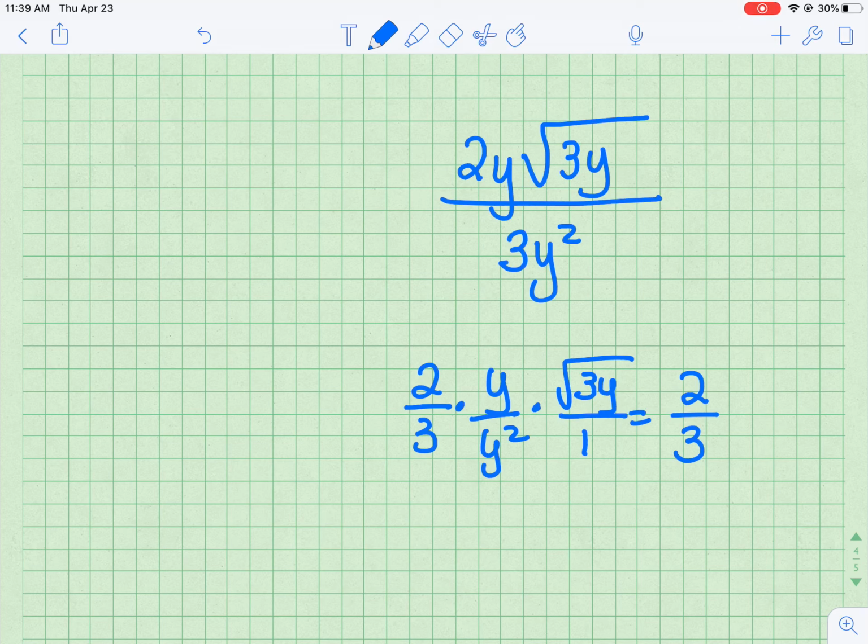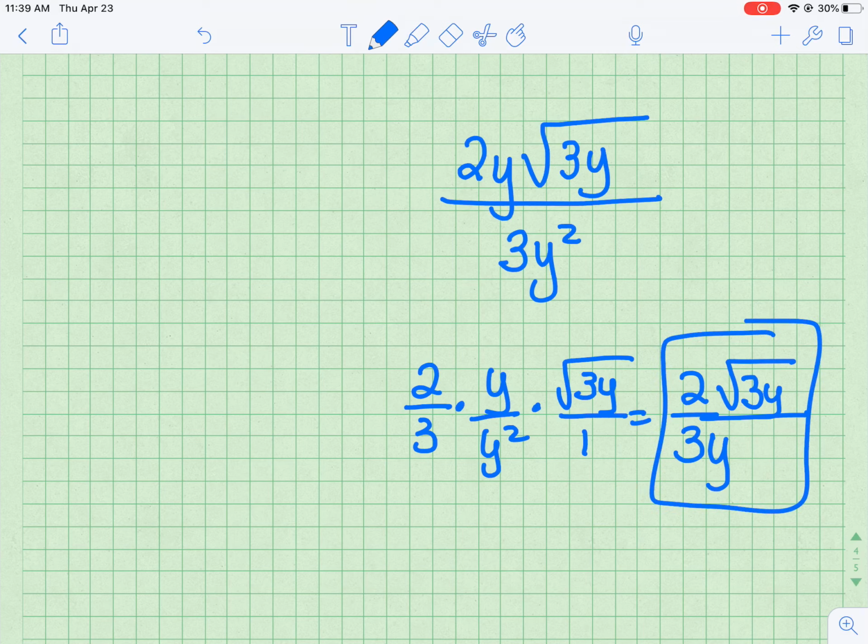If I have 1 y in the numerator and 2 y's in the denominator, we can cancel out one of the y's. And where will the y's be left? In the denominator. And then we have that square root of 3y. Nothing can be done there. Again, don't fall into any kind of trap where that 3 and that y can be canceled out. That's not true.